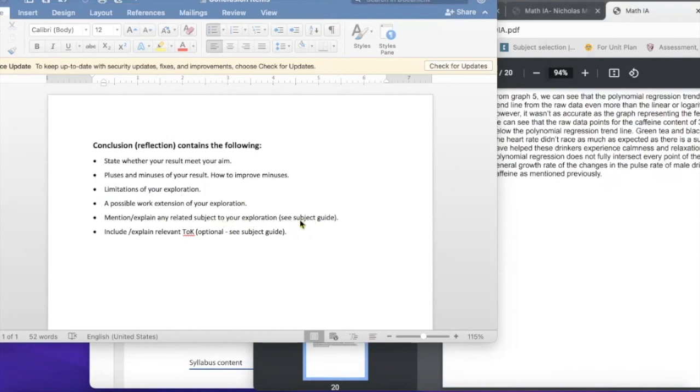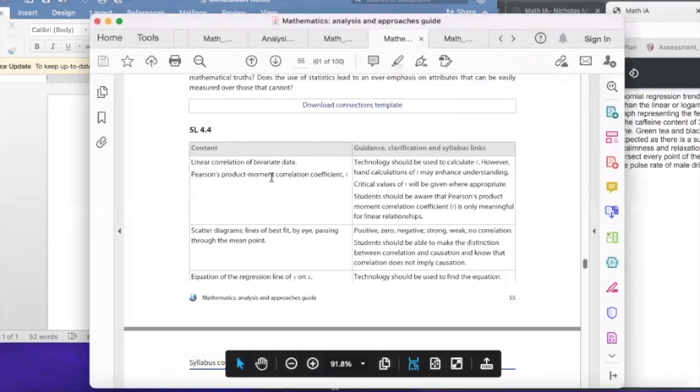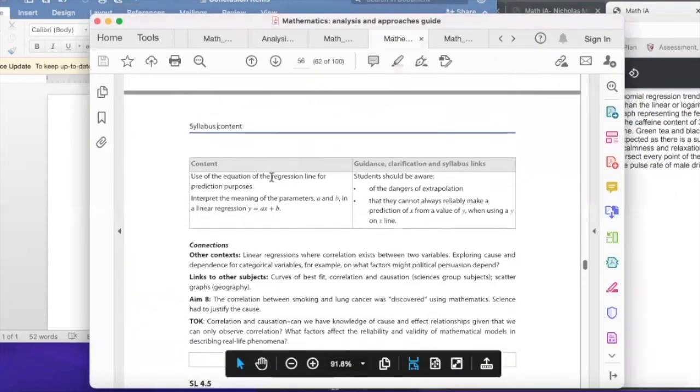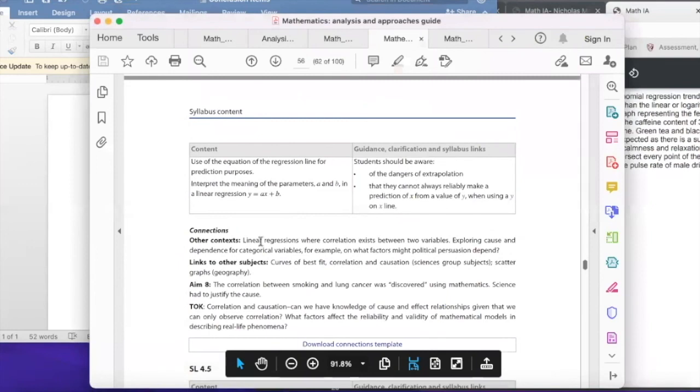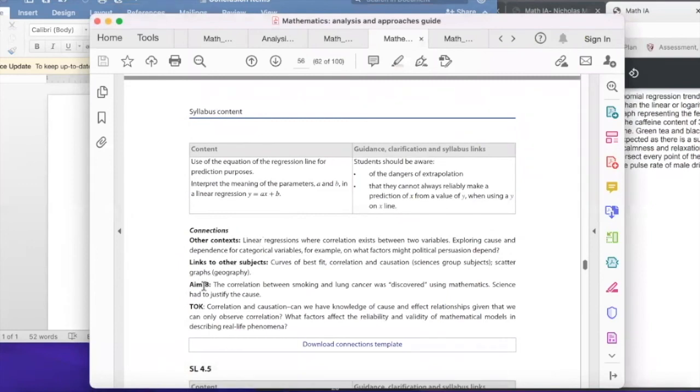See subject guide. So if you use regression, take a look at this 4.4. This one here, can you see it? Yes. So you may want to consider this link to other subject: curve of best fit, correlation, causation, science group subjects, scatter graph, geography.